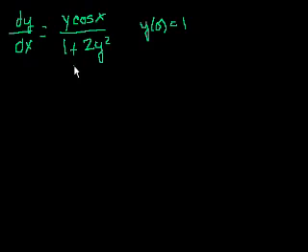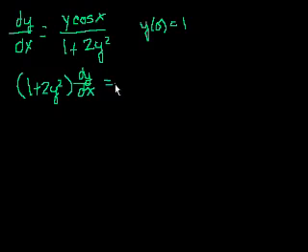We have to separate the y's from the x's. Let's multiply both sides times 1 plus 2y squared. We get 1 plus 2y squared times dy dx is equal to y cosine of x. We still haven't fully separated the y's and the x's, so let's divide both sides by y.